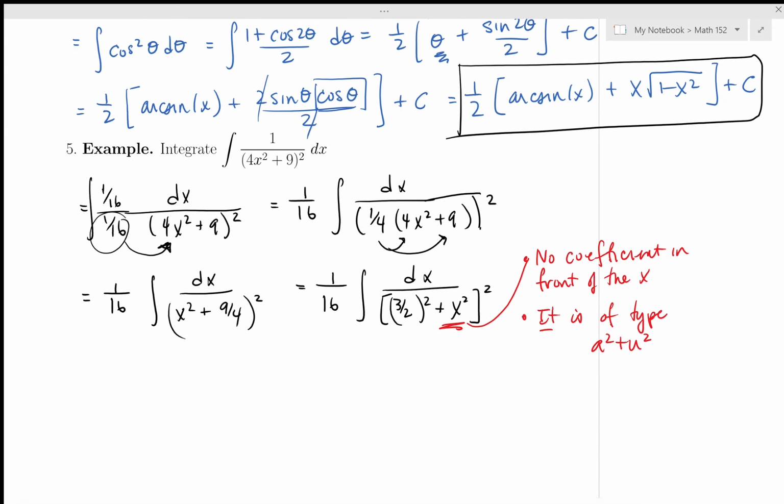So I can now see what substitution I should make, and that substitution is as follows. I look at the table and I think, okay, I will be substituting. Let x equal 3/2 tan theta.